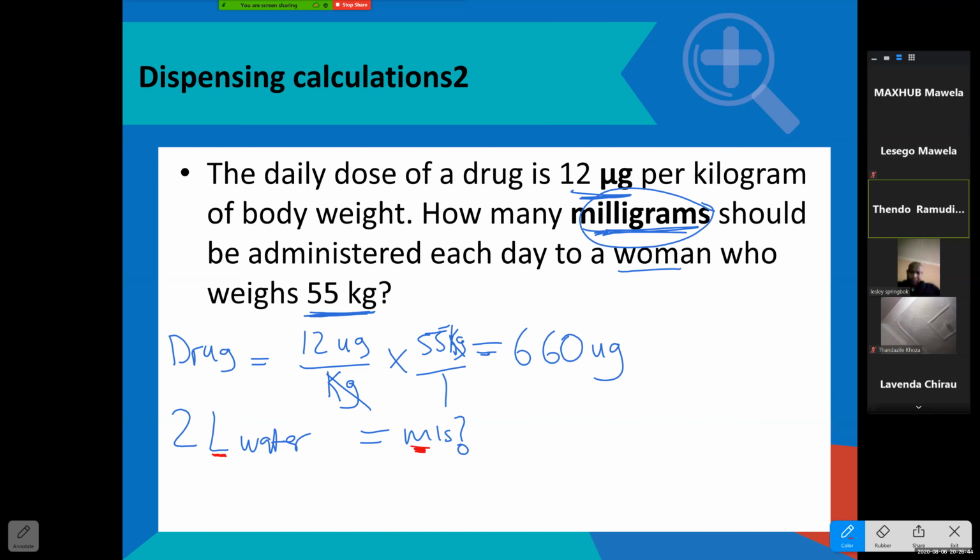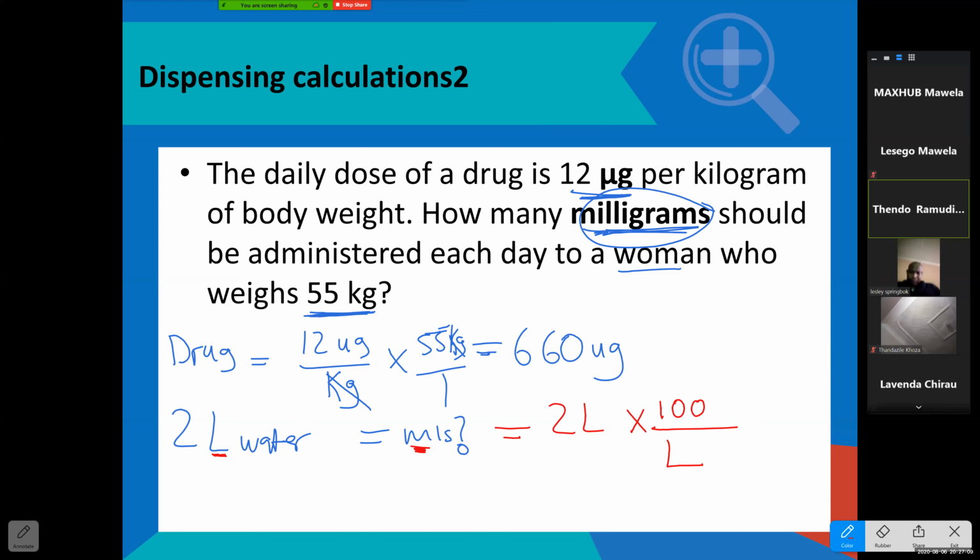So if you had to do this one, you would say, well, it's 2 liters, multiplied by, what we know is that we want our answer to be in mils, right? So for every liter, there's how many mils? 1,000.